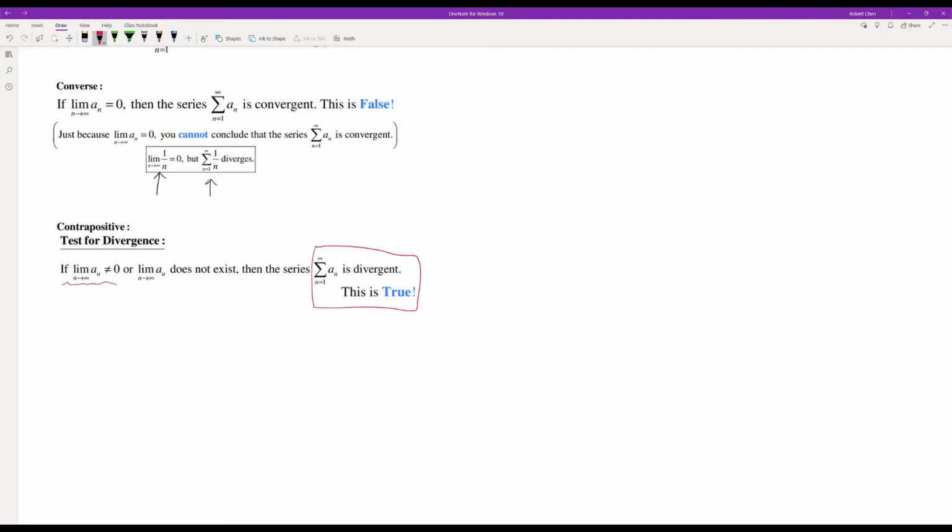Now this is true, okay? We can use this test for divergence to check if a series is divergent. Remember, this is only for divergence. It does not check for convergence.